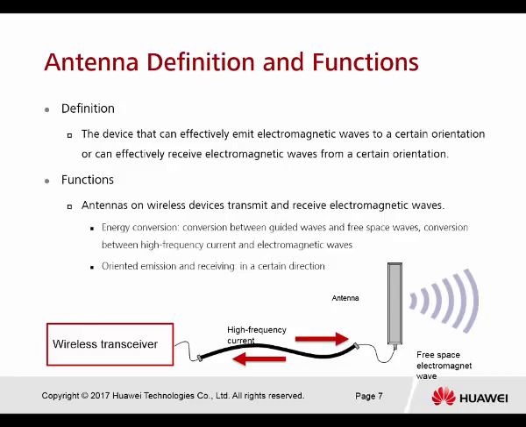The function: the antenna on a wireless device transmits and receives electromagnetic waves. It converts energy between the high frequency current and the free space electromagnetic wave, either emitting or receiving in a certain direction.